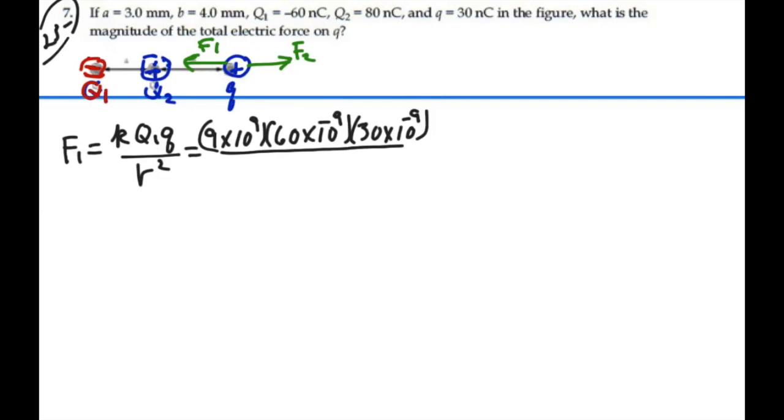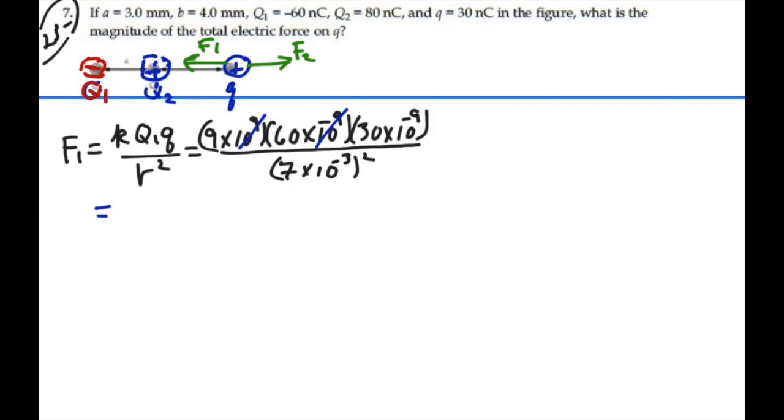All this over the distance between them, which is really little a and little b, which is 7 millimeters. And we'll square that. 10 to the 9 and 10 to the minus 9 cancel out, but let's just plug this into the calculator and figure out what we get.